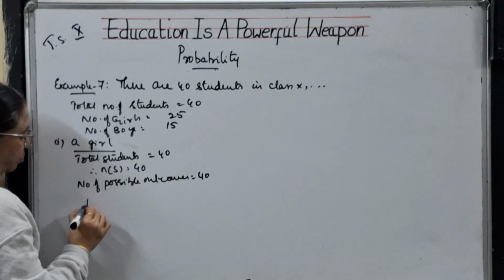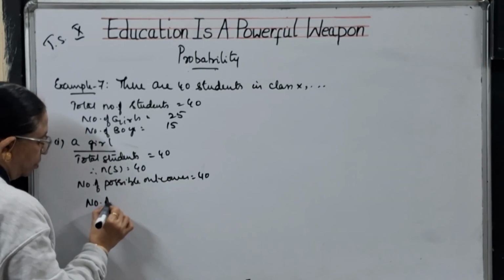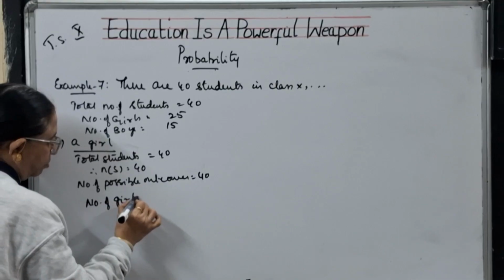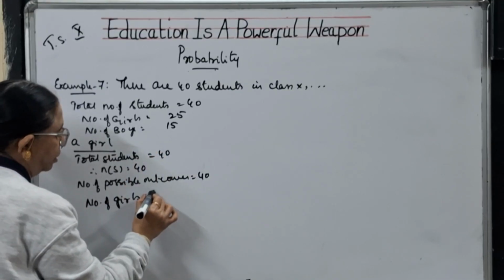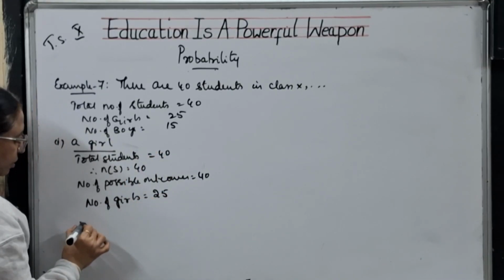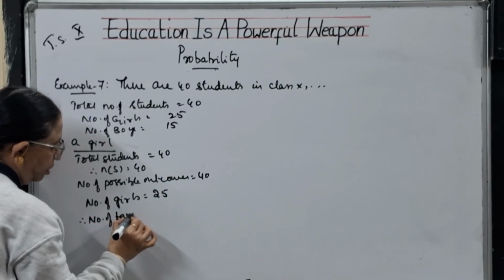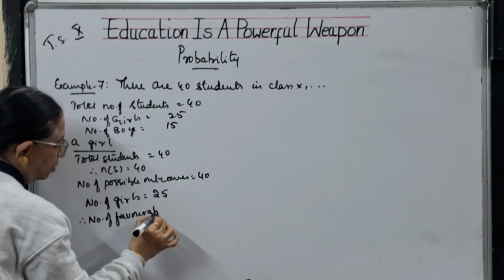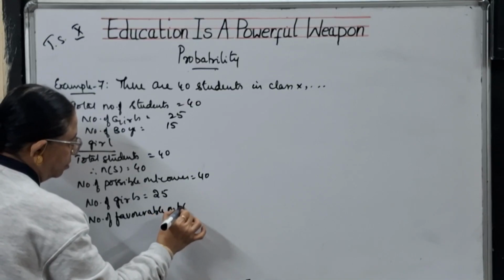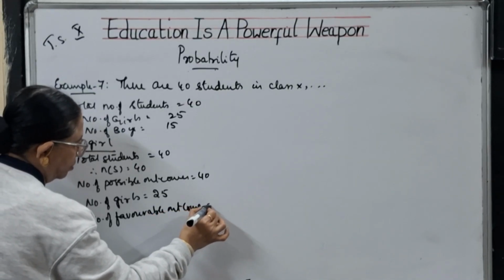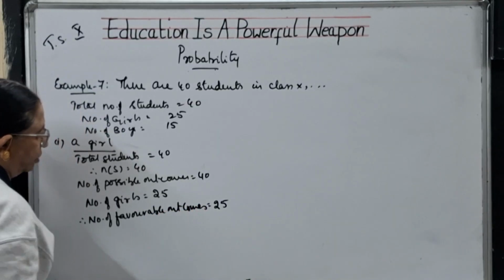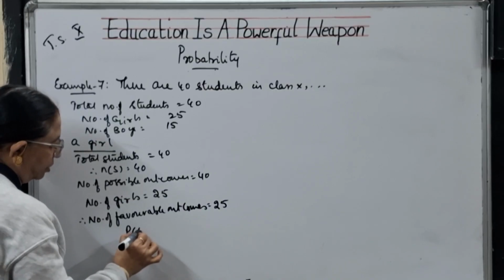Now, number of girls. We are talking about girls. So, number of girls, how many? 25. What is this? Number of favorable outcomes is equal to 25.